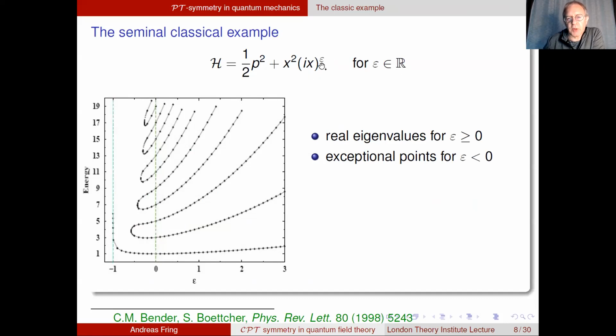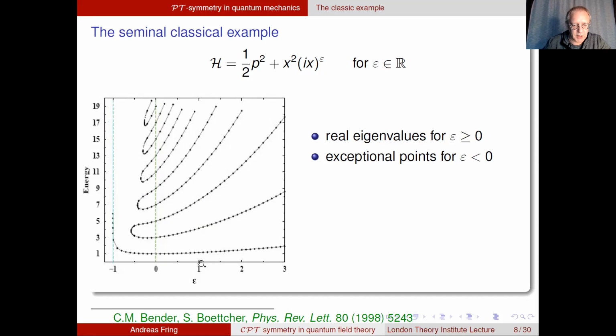So in particular, when epsilon is 1, I just get here i x to the power 3, which is truly non-Hermitian, but it's PT-symmetric. Yeah, x to the power 3 gives you, when you replace x by minus x, a minus sign, and this minus sign is compensated by the fact that the operator is antilinear, so you compensate it by the i.